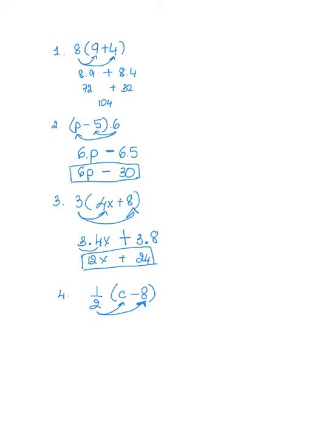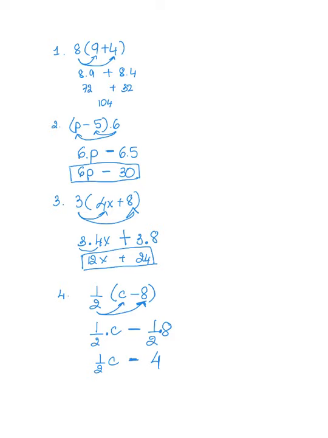So half times C, minus, I put down minus, half of 8. So half C, I can't do anything, it's half C minus half of 8 is 4.